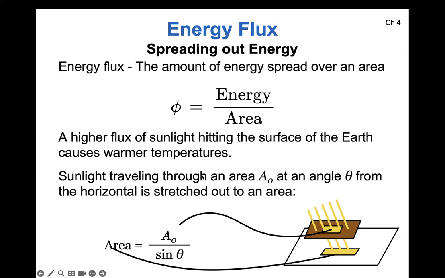The sunlight traveling through an area at an angle of theta from the horizontal is stretched out to an area. So the angle theta measured relative to the horizontal would be this angle right here. This would be theta.